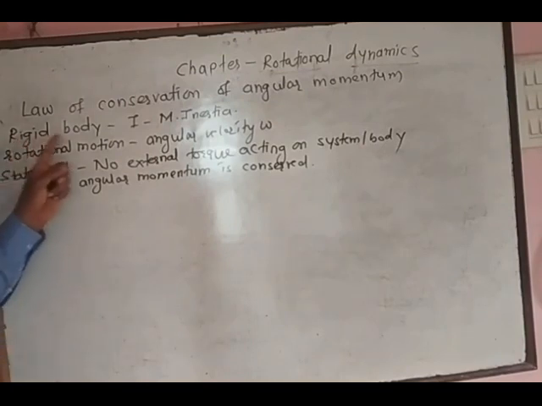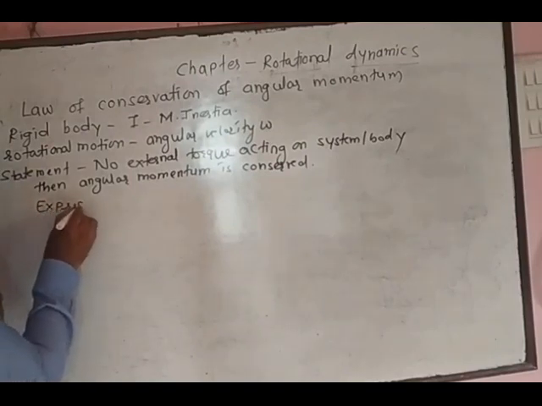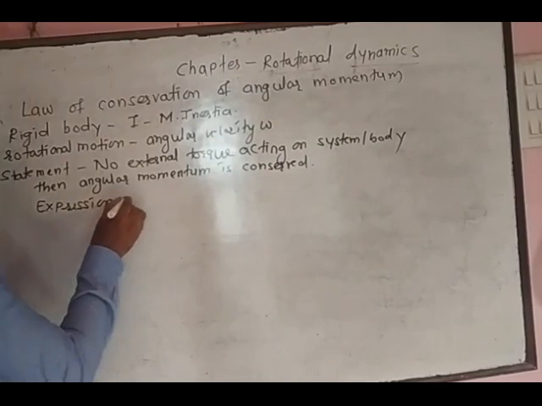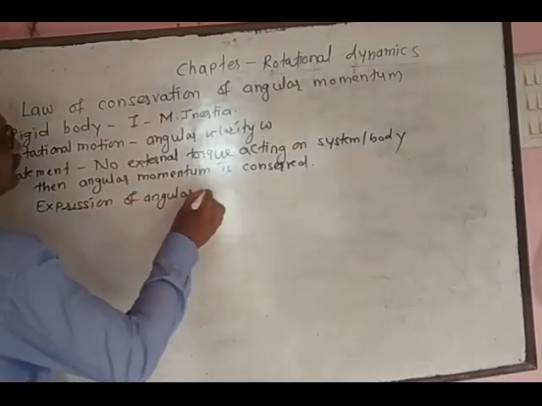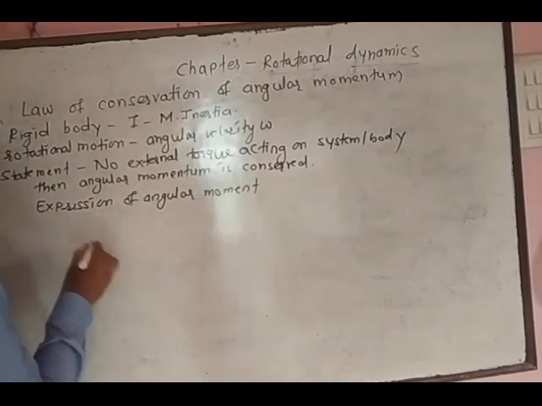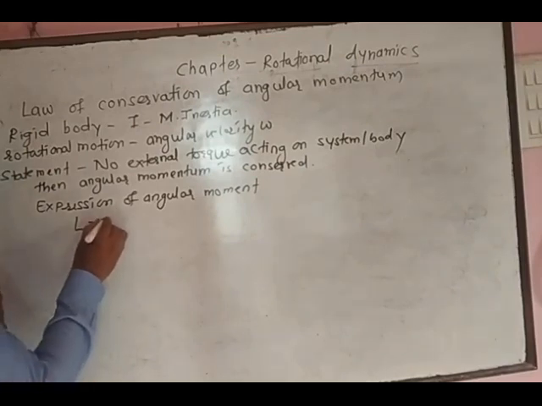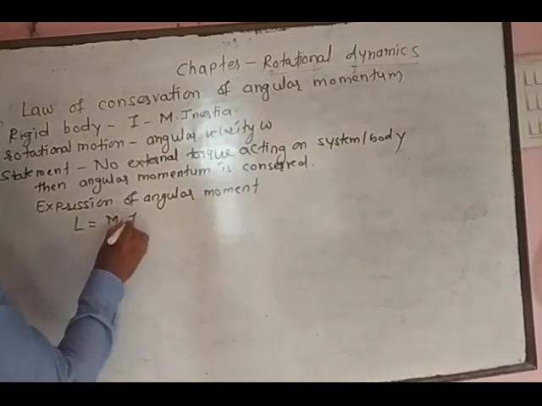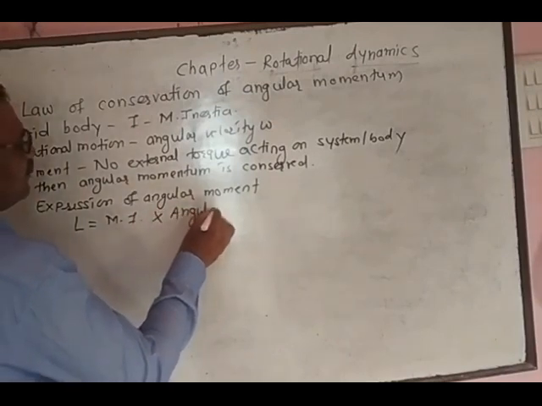Now, the body is performing rotational motion with angular velocity omega. We write the expression for angular momentum of the body. We know this angular momentum is denoted by L, and it is given by moment of inertia into angular velocity.